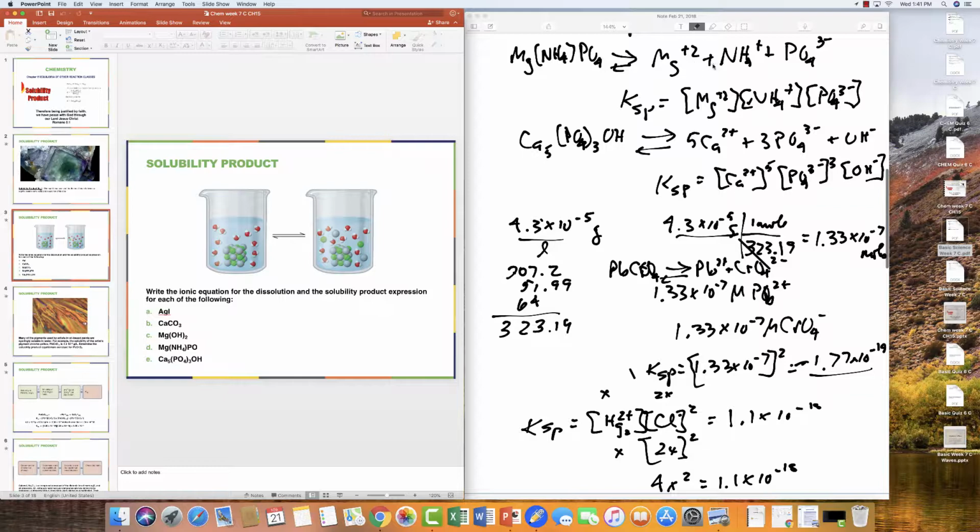Magnesium ammonium phosphate gives a magnesium ion, an ammonium ion, and a phosphate ion, so it's all 3 of these concentrations multiplied together. And the last is calcium phosphate hydroxide, with 5 calcium ions, 3 phosphate ions, and 1 hydroxide ion. You can see it's to the 5th for the calcium concentration, to the 3rd for the phosphate ion concentration, and then the hydroxide ion concentration.